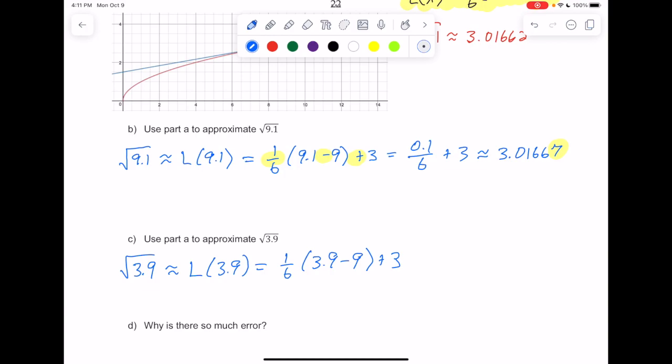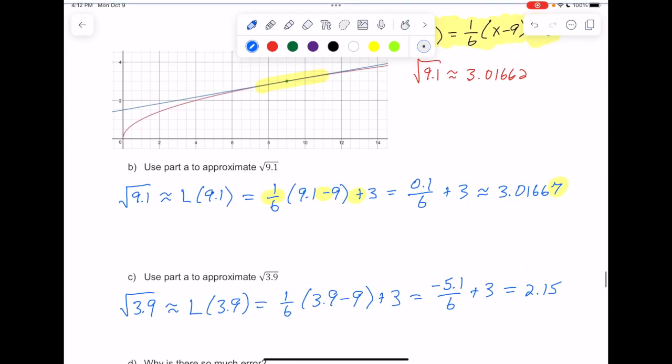So let's see, 3.9 minus 9, I believe, is negative 5.1 over 6 plus 3. And if you work that out, it actually comes out pretty nice. And again, it's just division and addition, so we could manage it with pencil and paper. Turns out to be exactly 2.15.